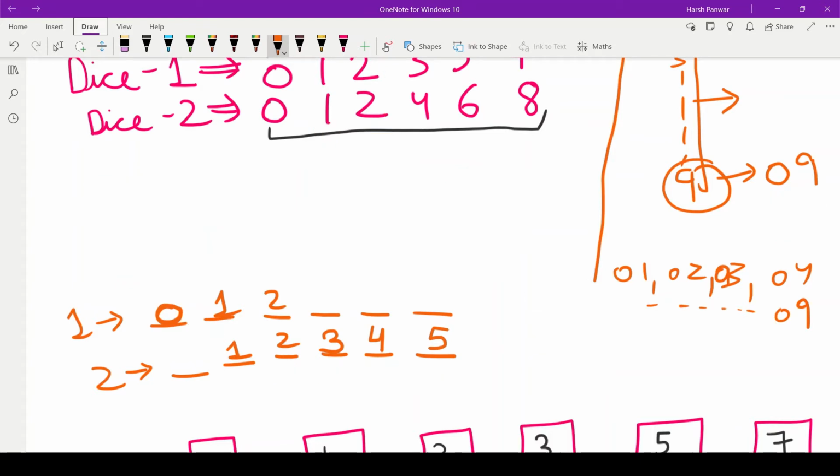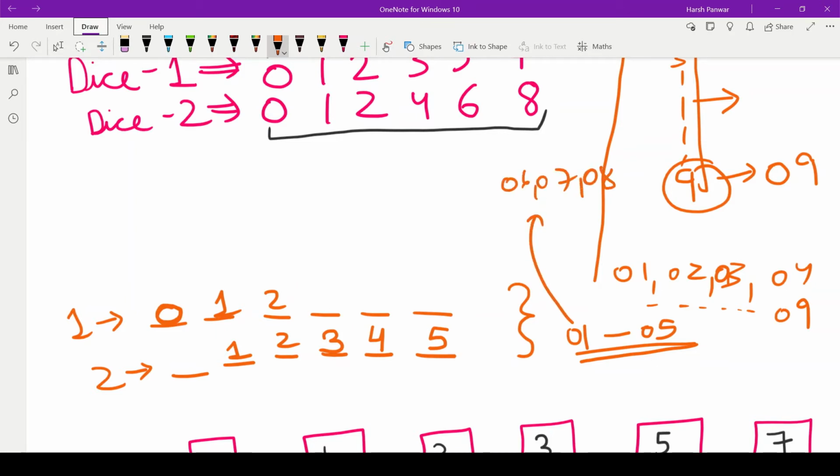Now since we have filled these combinations, it is possible to represent the single digit dates ranging from 01 till 05. But we also have to represent the single digit dates 06, 07, 08 and 09. Now 0 is present in dice 1, but 6, 7, 8 and 9, 4 numbers are left.